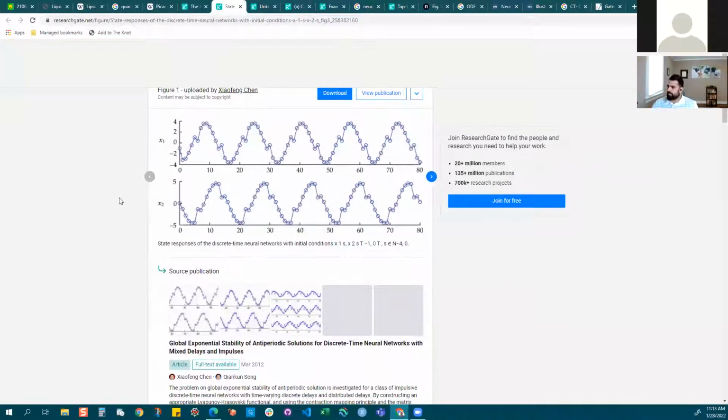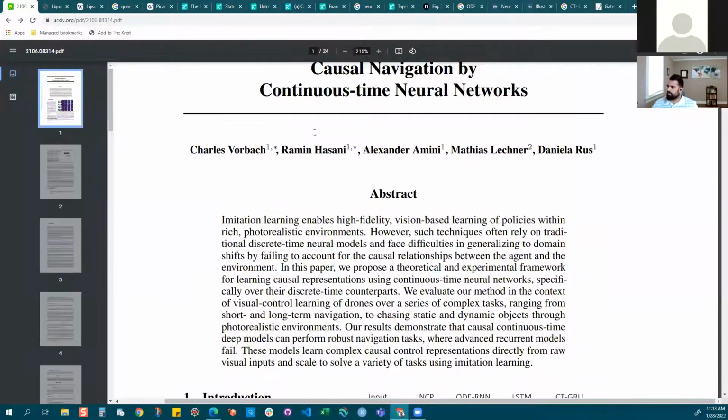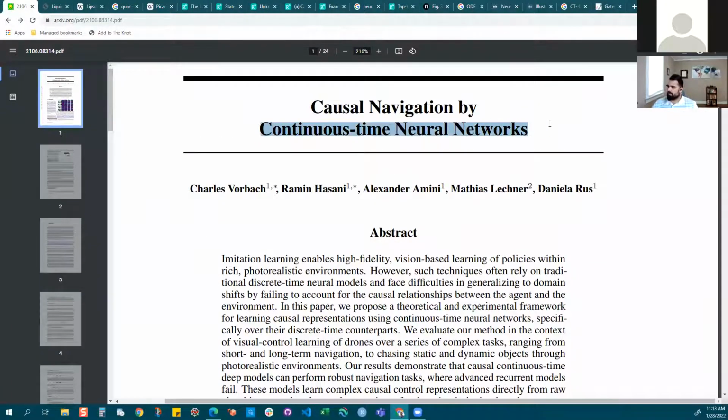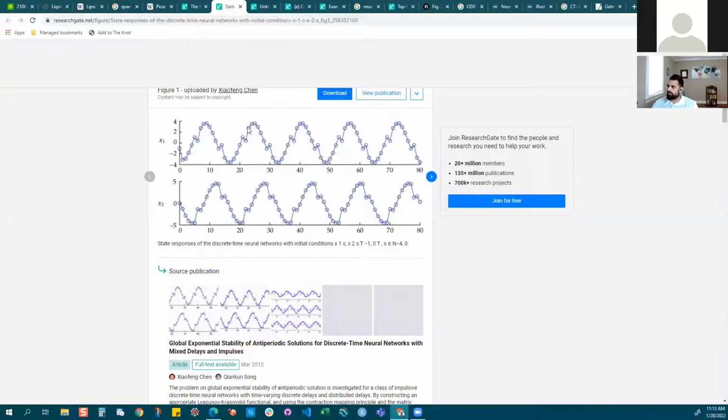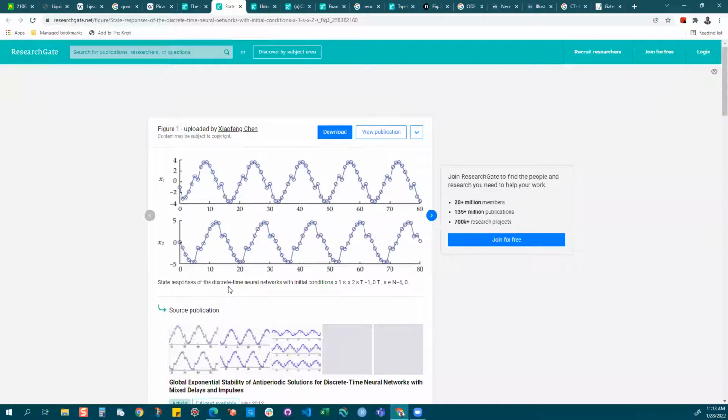Another concept is discrete time neural networks, which is discussed in this paper. The subject of this paper is continuous time neural networks, so I thought I would mention the difference between continuous time and discrete time. Discrete time is when we have a neural network system over time, but time is not measured continuously.